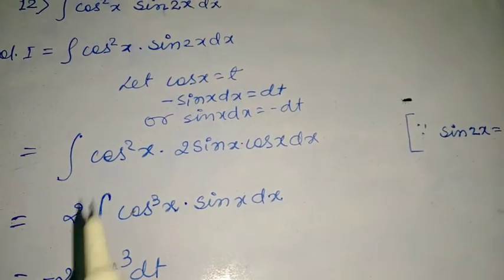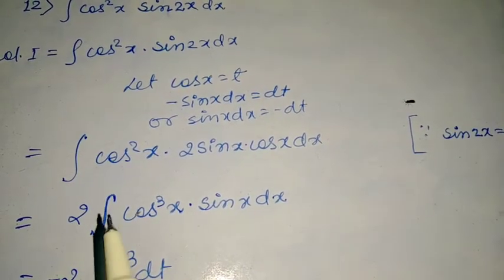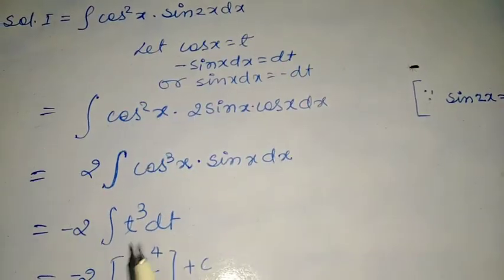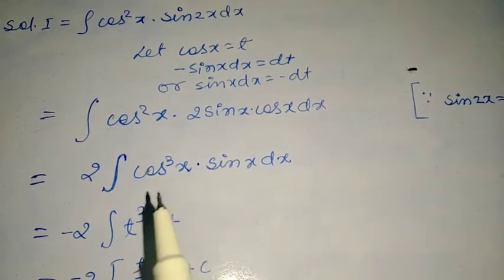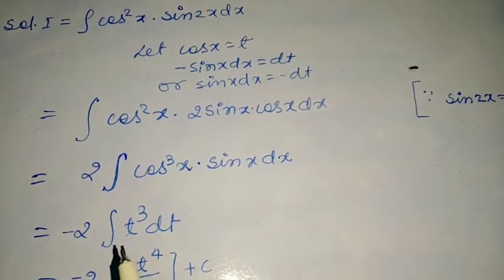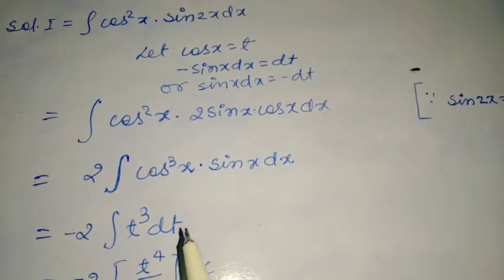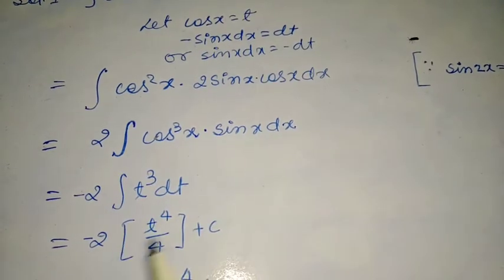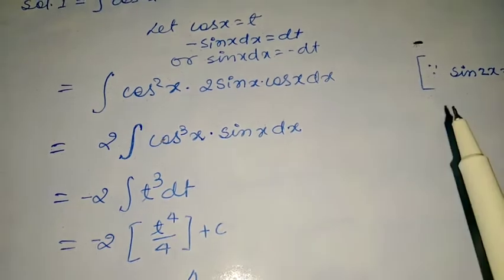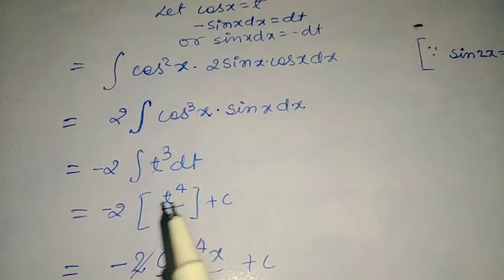So it will be 2 into integration of cos cube x into sine x dx. So here we can substitute t. So it will be minus 2 into integration of t cube dt. By integrating this, we get minus 2 into t to the power 4 upon 4 plus c. Now we can put the value of t.